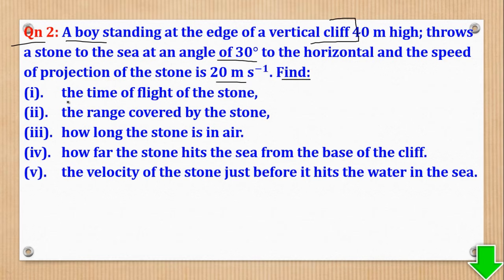Find Roman 1, the time of flight of the stone. Roman 2, the range covered by the stone. Roman 3, how long the stone is in air. Roman 4, how far the stone hits the sea from the base of the cliff. And Roman 5, the velocity of the stone just before it hits the water in the sea.